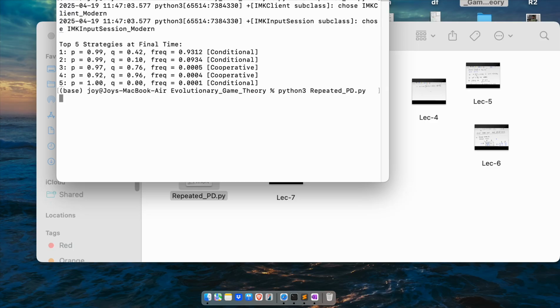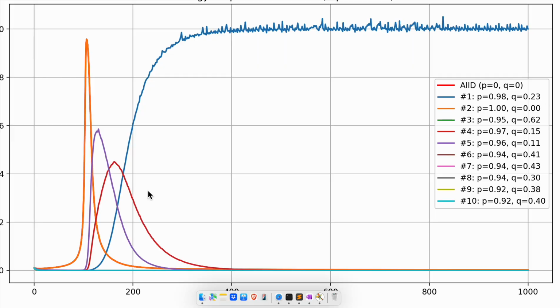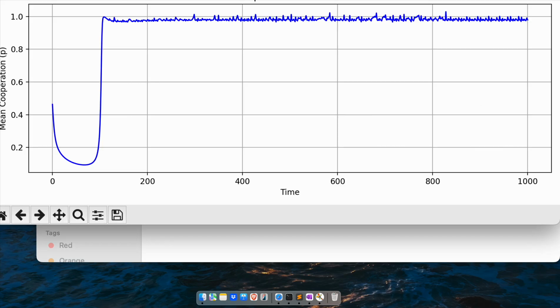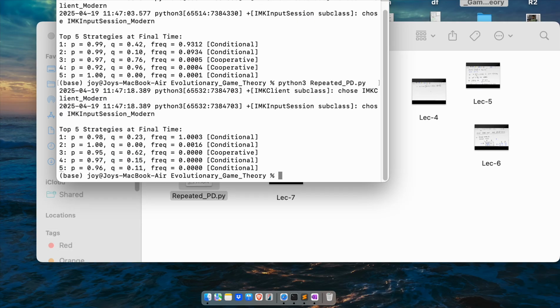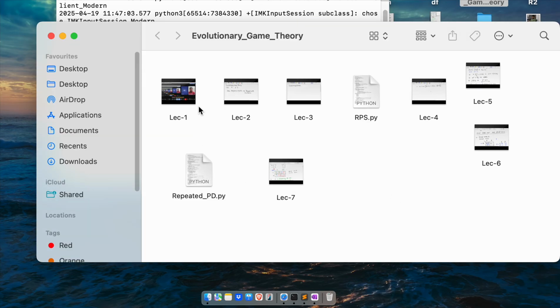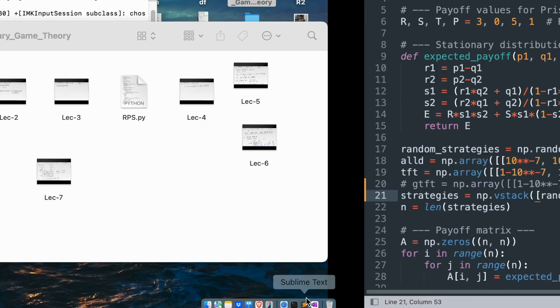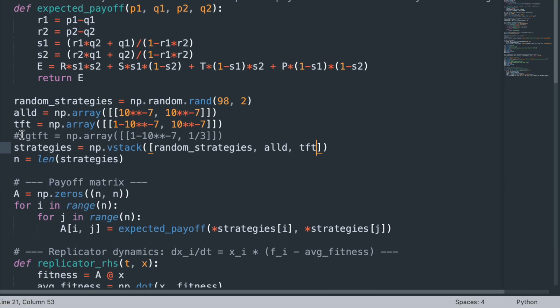So let me introduce the GTFT by hand along with these random numbers, then it will be a clearer case. This is my GTFT.